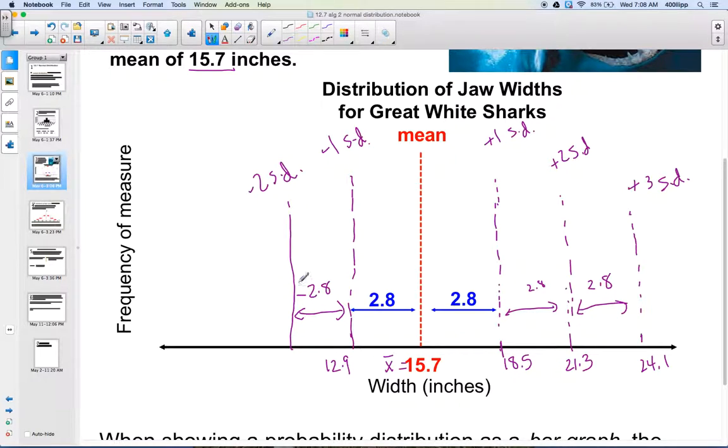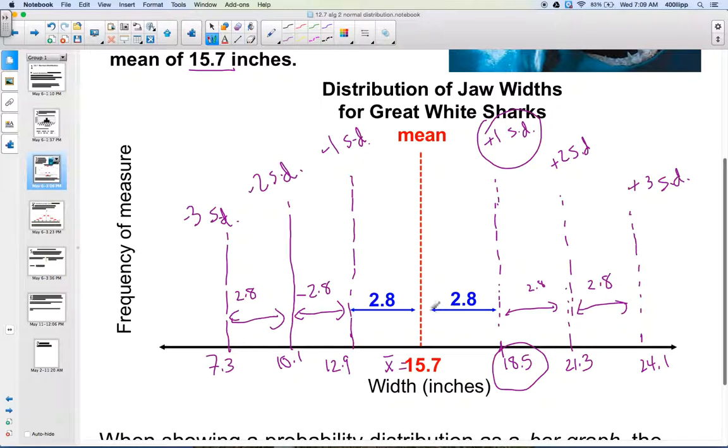Subtracting 2.8, I'll be at 10.1. And last one here, another 2.8 away. This will be at negative 3 standard deviations away from the mean, and will be at 7.3. Okay, so this is showing us the standard deviations away. We need to know that these are z-scores as well, and these are the values at those specific z-scores and so on.